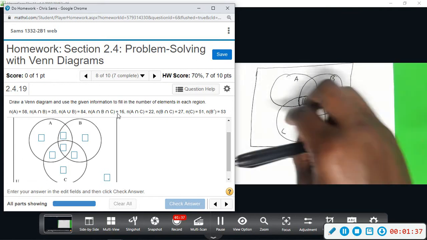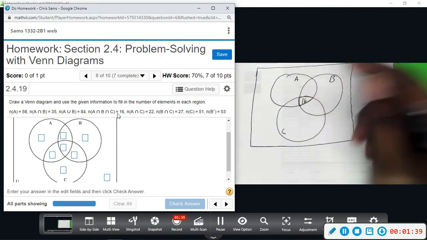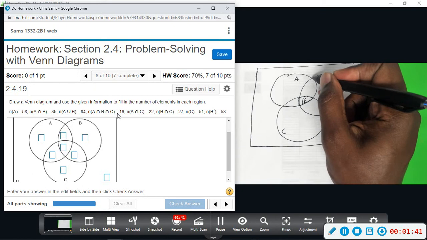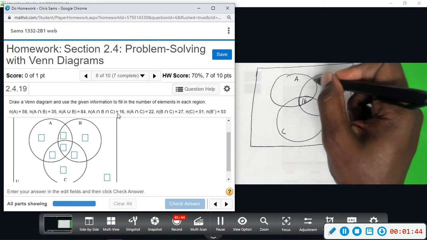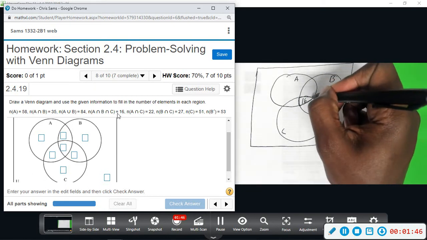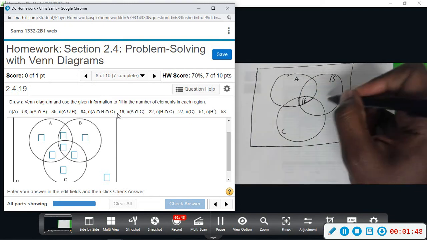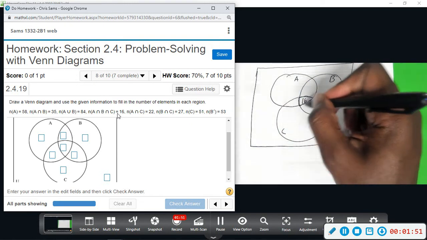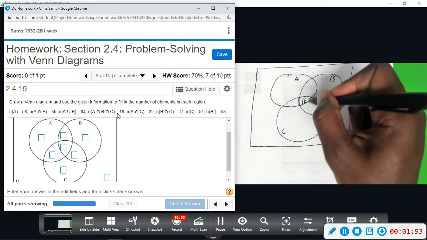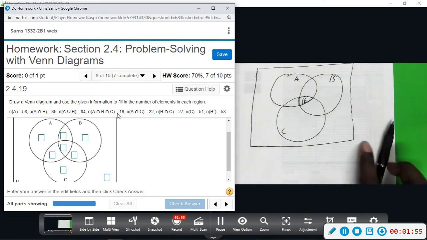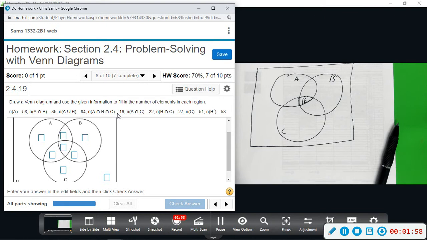So now as we work our way outward, we're going to be taking 16 away from the part of A and B, the part of A and C, and the part of B and C, because we already have 16 of them counted in the triple overlap in the very center. So once I find all 3, I now want to find each intersection by pairs, A and C, B and C, and A and B right here.